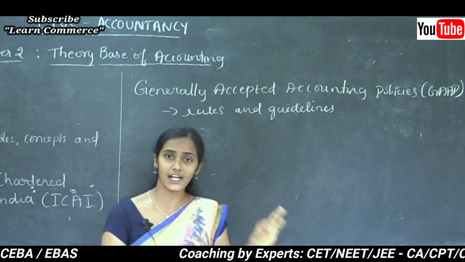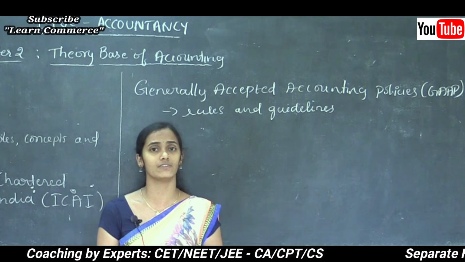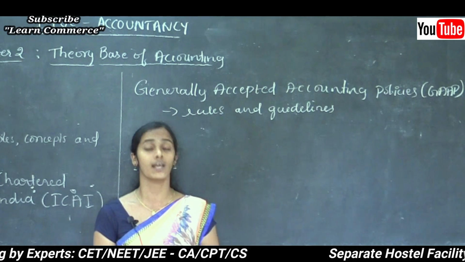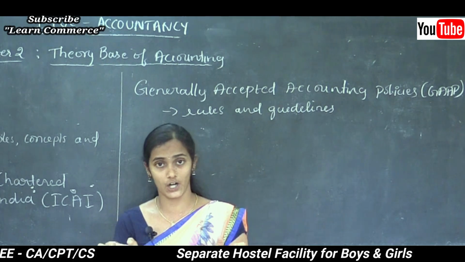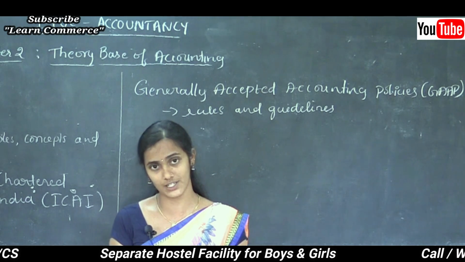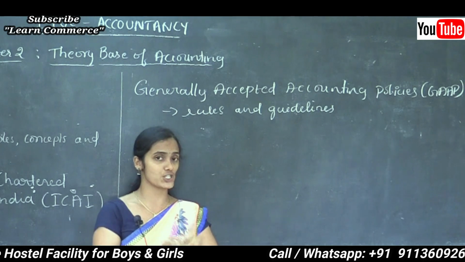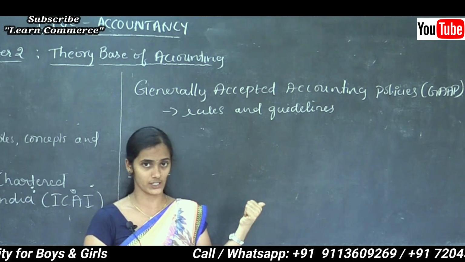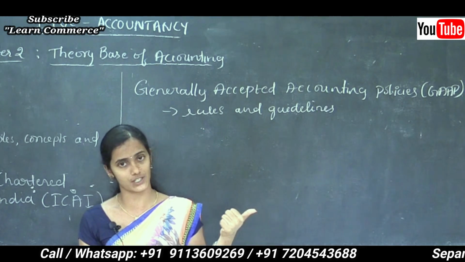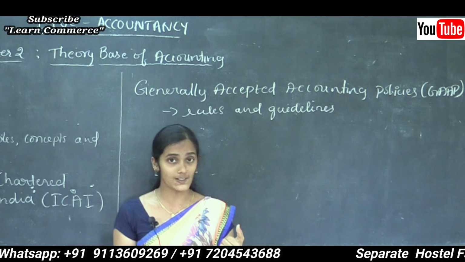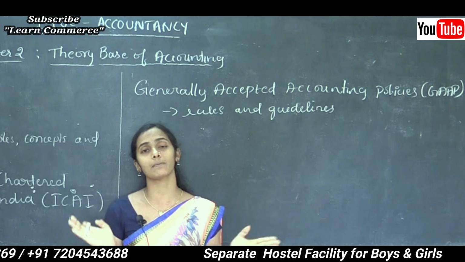We need accounting and financial information at the end of the month or quarterly. To get financial information, we need to prepare the financial statements, based on the initial records of the financial transactions. So we need to record the transactions in the books of accounts in a systematic manner.